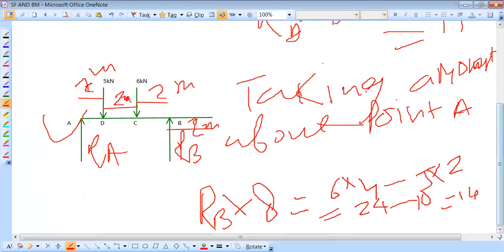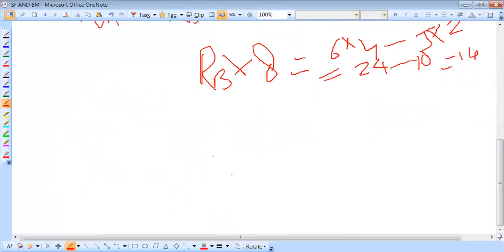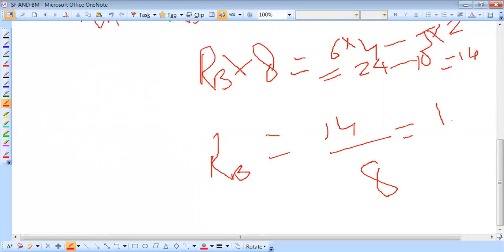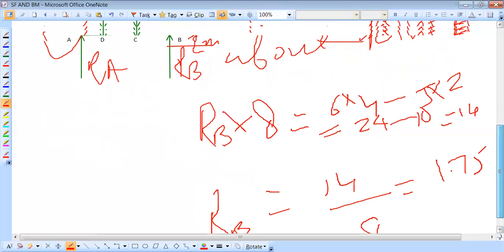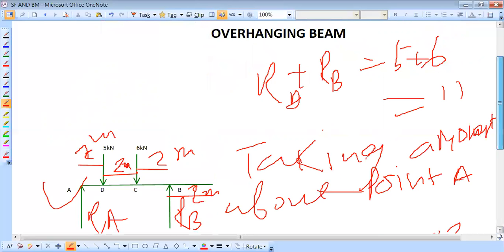So RB is equal to 14 by 8, which is easily calculated as 1.75.